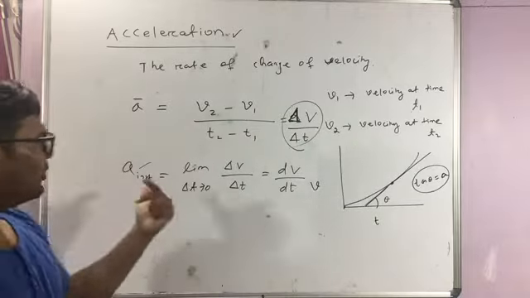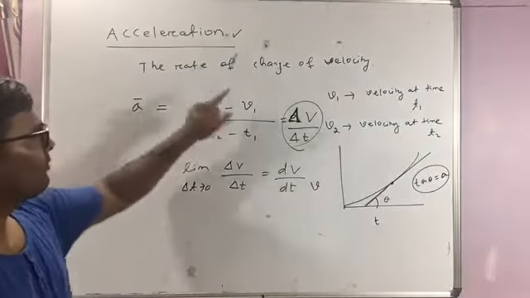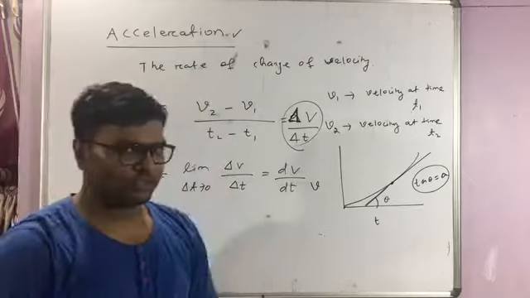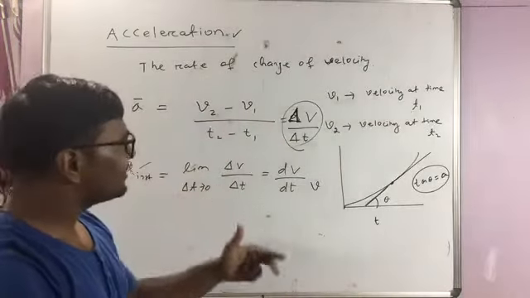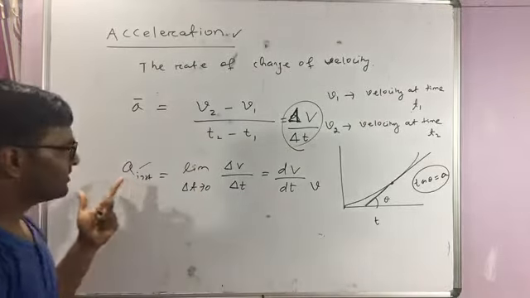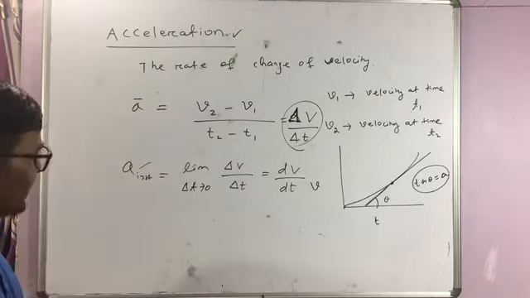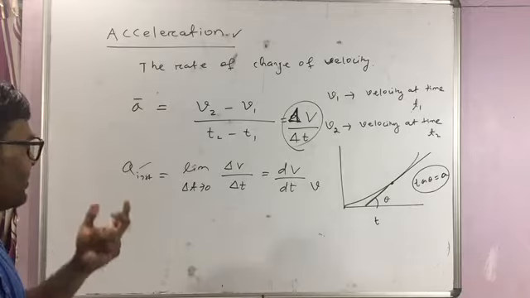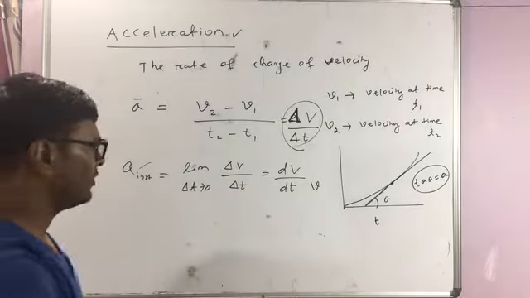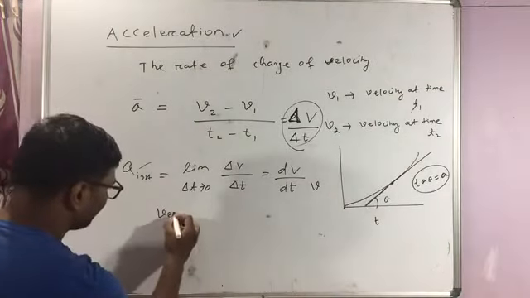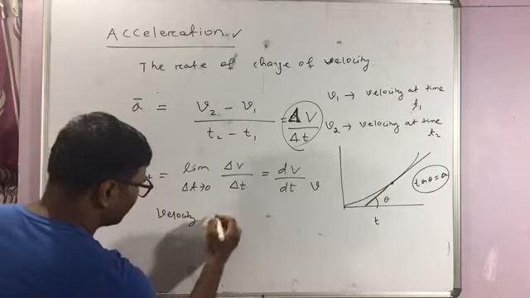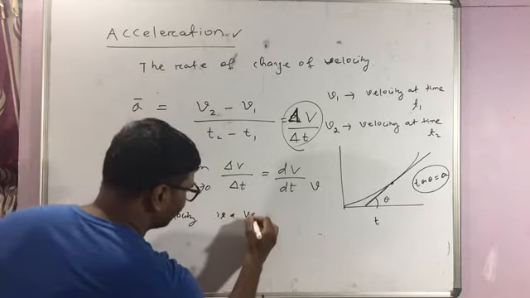So let us elaborate what acceleration is. Already we have written the rate of change of velocity. If the velocity changes, then the object must have some acceleration. So let us understand the instances where the velocity changes. We know velocity is a vector quantity.